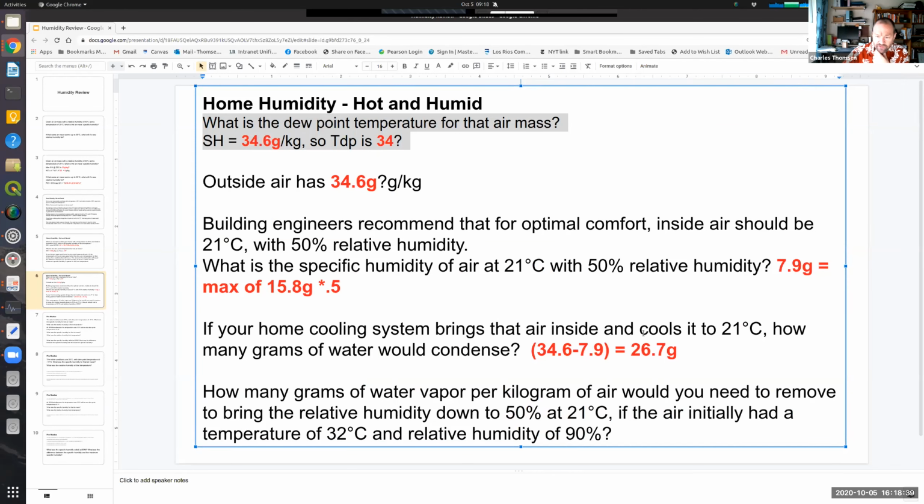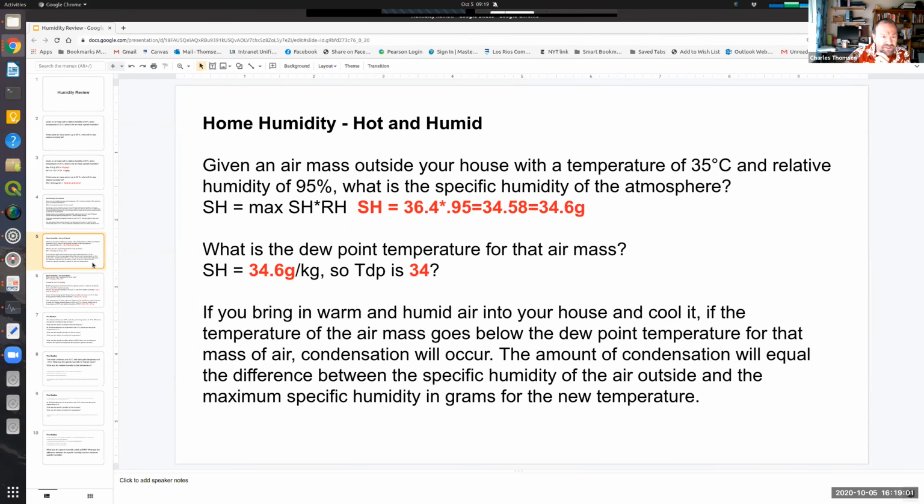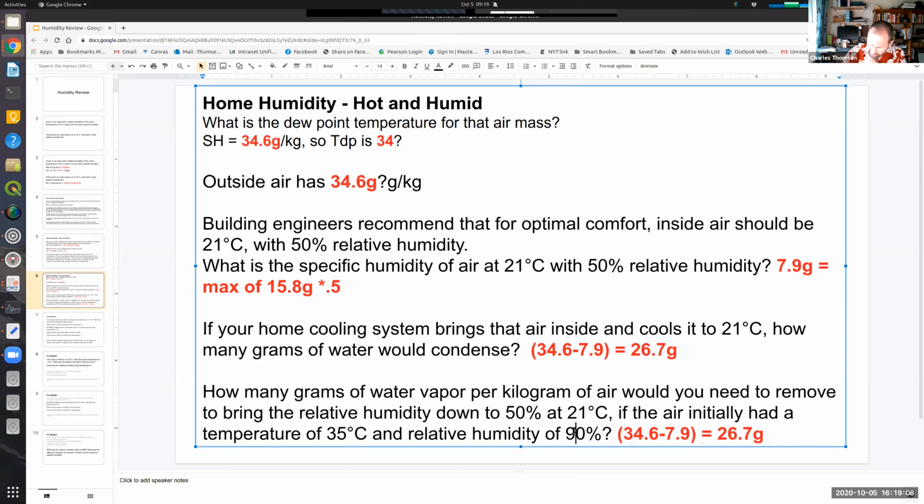Well, okay, so how many grams? Yeah, it's going to be the same kind of thing. Copy, paste. Okay, so how many grams of water vapor per kilogram of air would we need to remove to bring the relative humidity down to 50% at 21 Celsius if the air initially had a temperature of 35 and a relative humidity of 95?